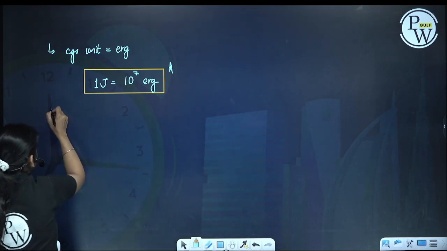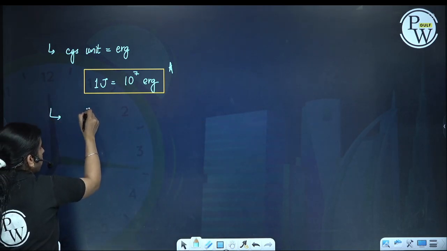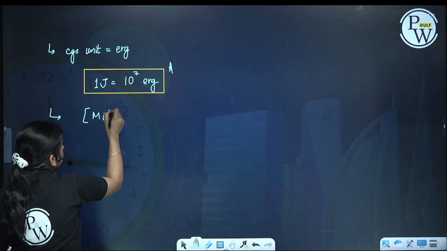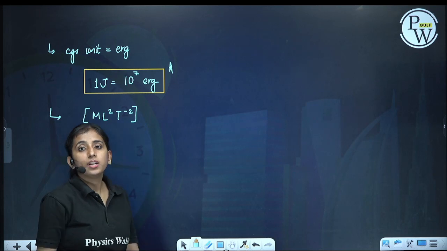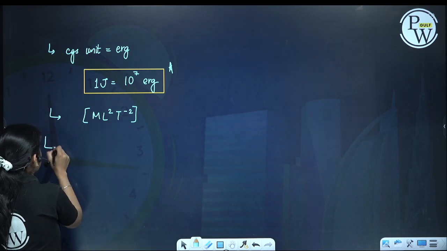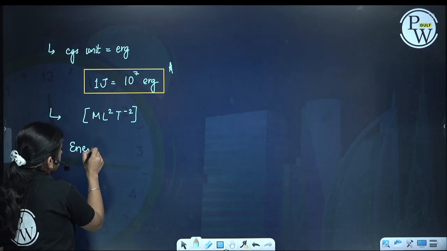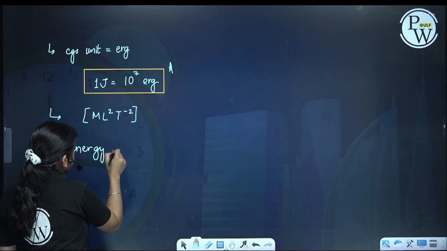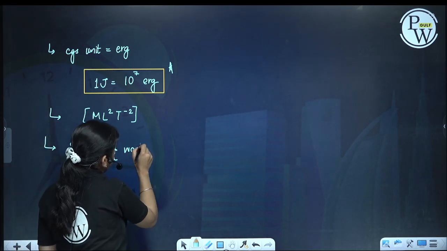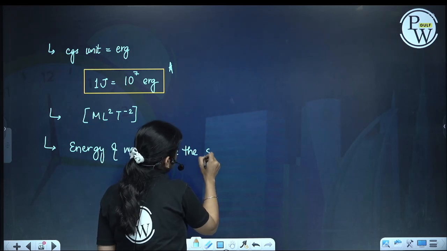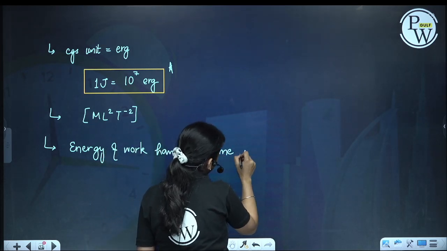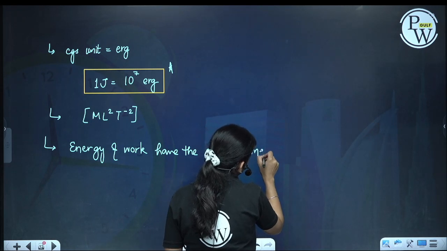Now if we want to find the dimensional formula, it will be ML²T⁻². Energy and work have the same dimensions.